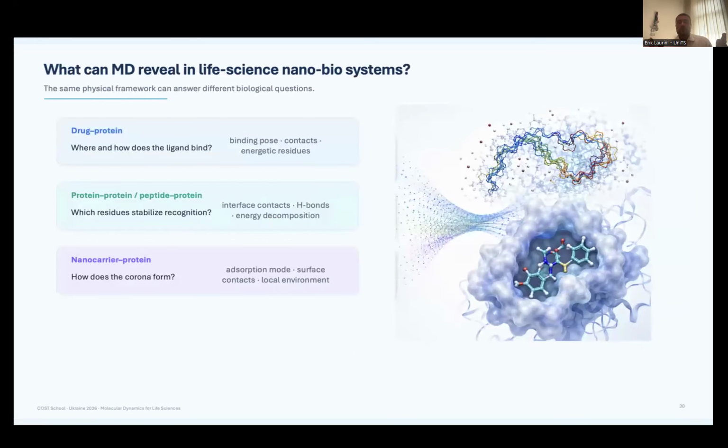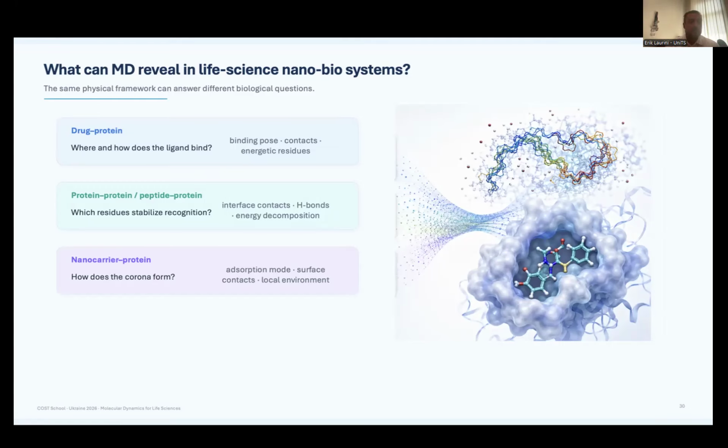Let's see what I'm able to perform with molecular dynamics in biological systems. We are able to answer an experimental question or to predict molecular properties. For example, I will report here three different cases: one drug-protein, another protein-protein, and the final nanocarrier-protein, in which we have to answer different experimental questions.